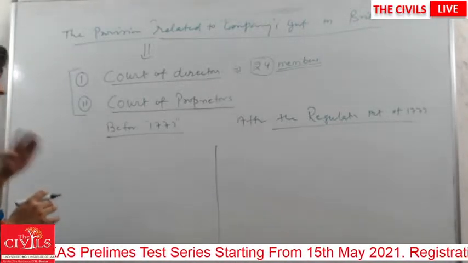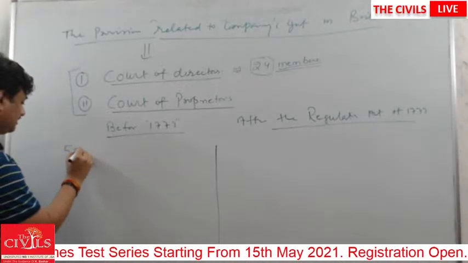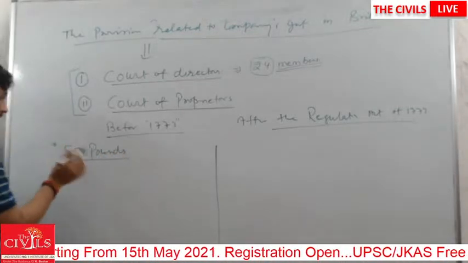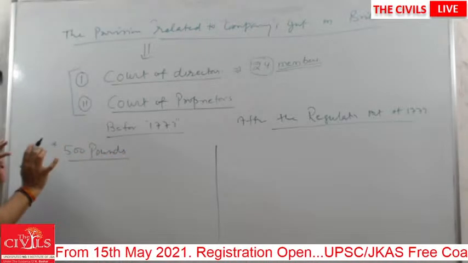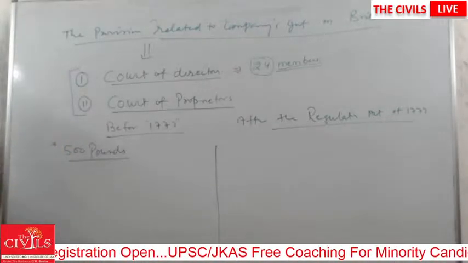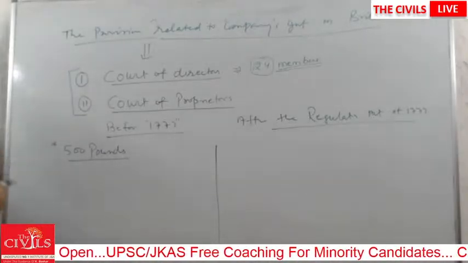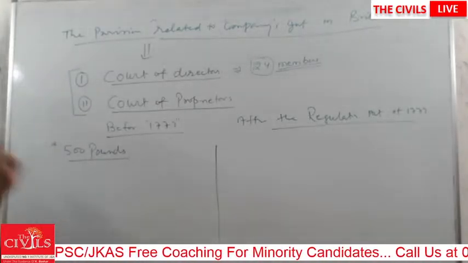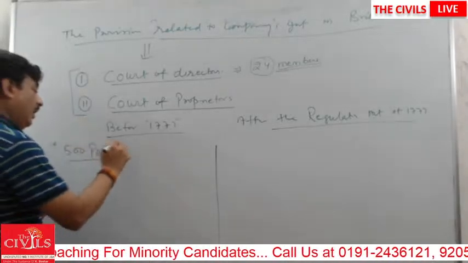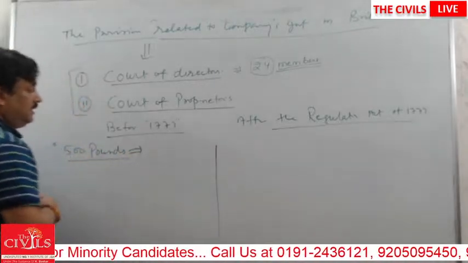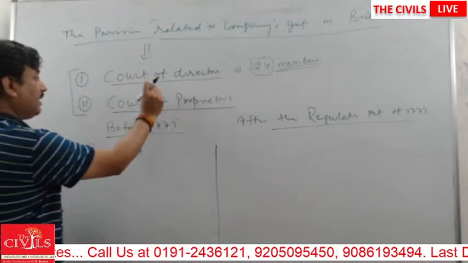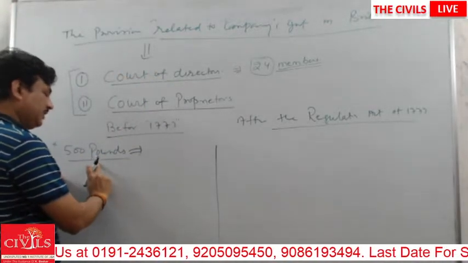Before the Regulating Act of 1773, all those shareholders holding shares of 500 pounds were eligible to vote.